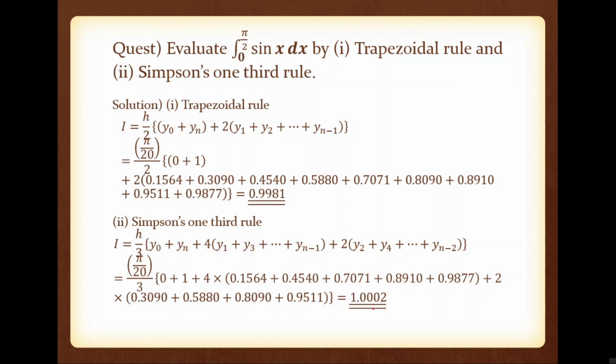So my answer is 1.0002. Please note here this is the value after applying trapezoid rule and this one is after Simpson's rule.